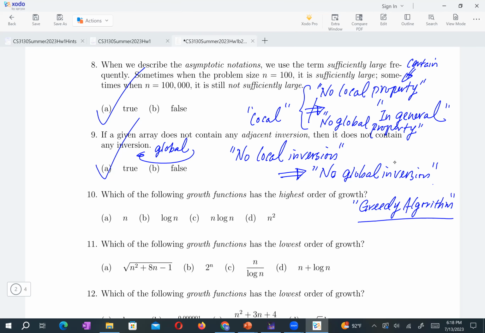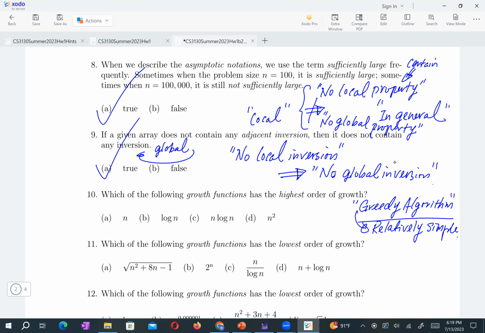Now let me explain the essence of the greedy algorithm. Why can we apply it many times? Because it is relatively simple. How do you interpret the greedy thing? Do the best you can.